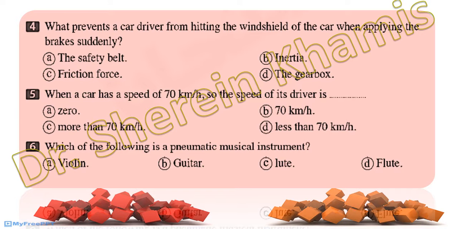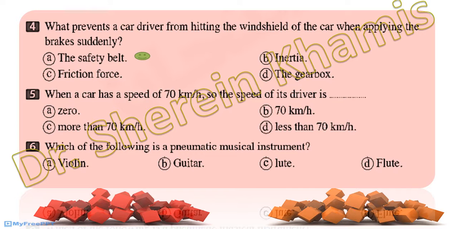What prevents us from injuries when something sudden happens inside the car? The choices are safety belts, inertia, friction force, or gearbox. We use something that stops the effect of inertia. We use the safety belt. So the right answer is letter A.